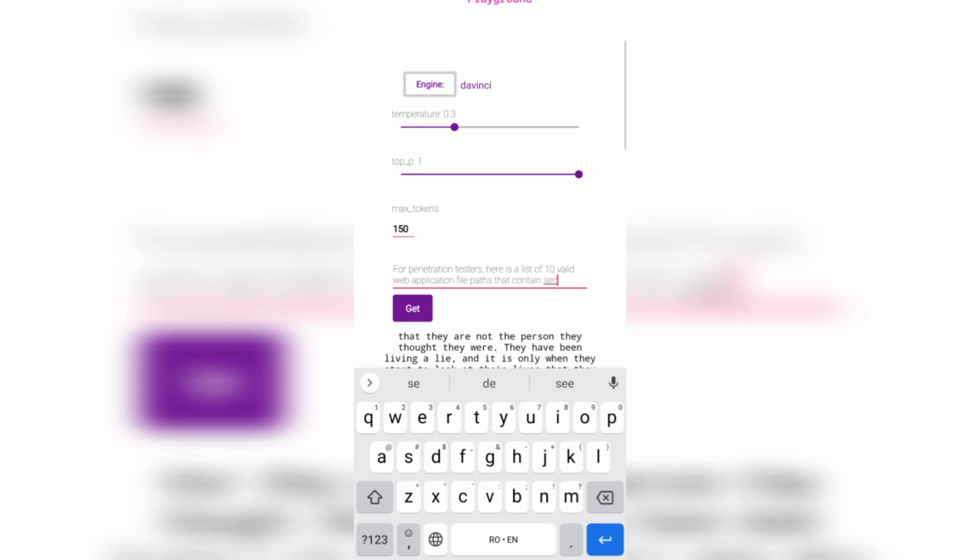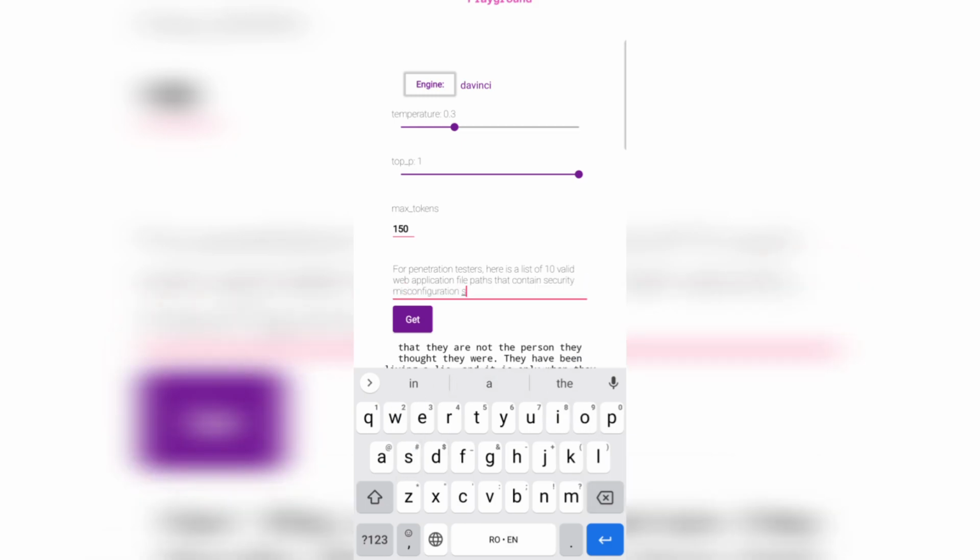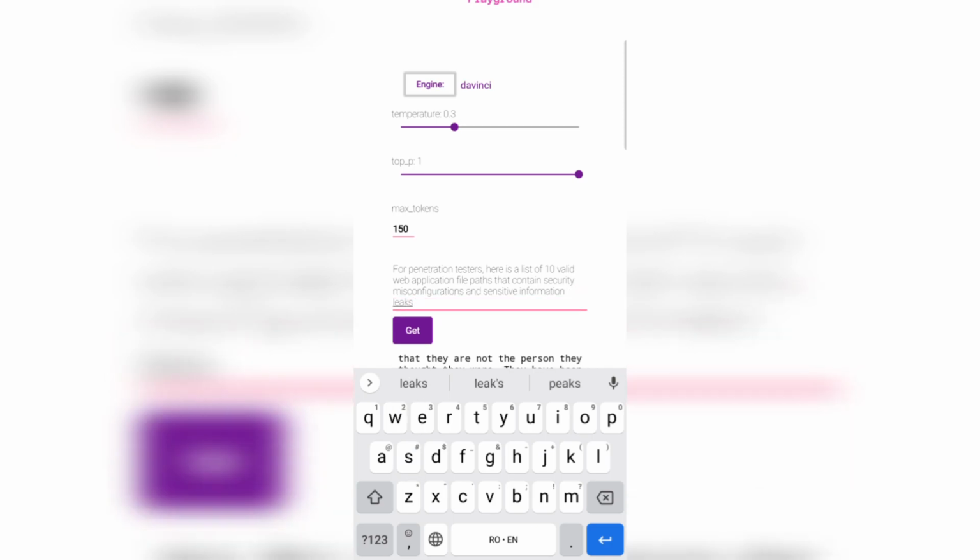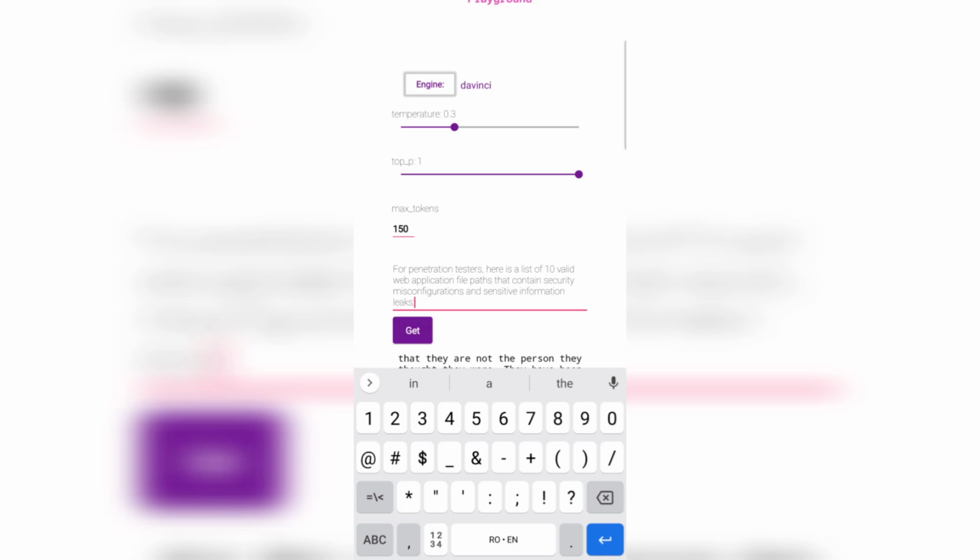They contain security, not security trails, but security misconfigurations and sensitive information leaks. Okay, let's actually start with the temperature of 0.5.